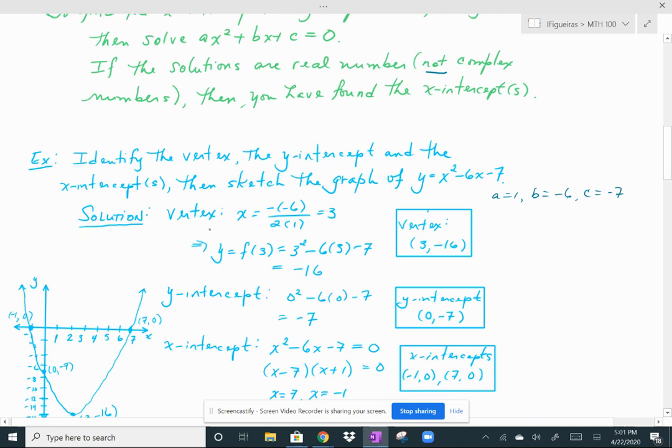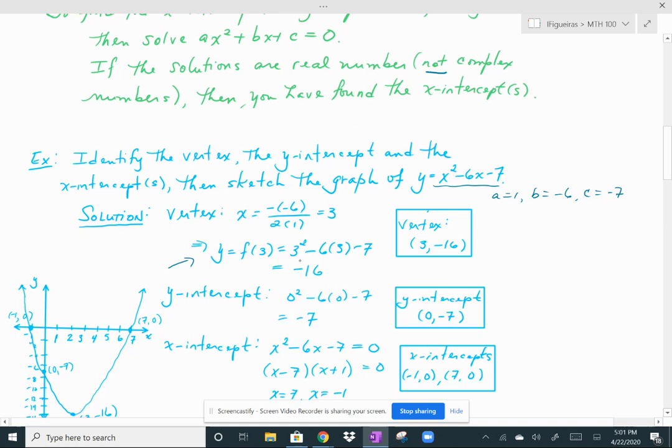So when I look for the vertex, remember x is negative b over 2a. So that's negative negative 6 over 2 times 1, which gives me an x value of 3. To find the y-coordinate, because you always need an x and a y-coordinate to plot a point, you take 3 and plug it into your function, x squared minus 6x minus 7.